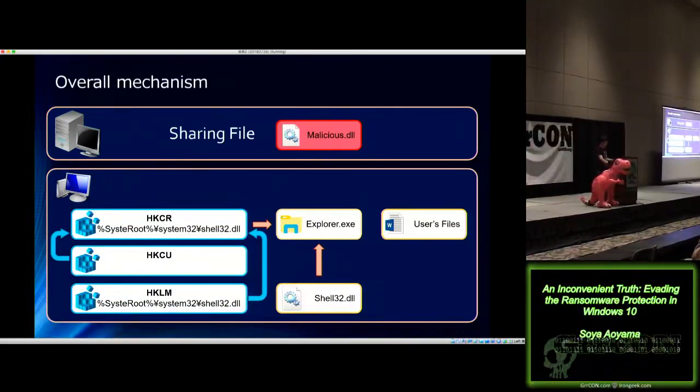This is the overall mechanism. Normally, the value in HKLM is reflected in HKCR. Explorer reads it and loads the correct DLL. However, you can write a path of a malicious DLL in the HKCU with user privilege, and its value is reflected in HKCR.